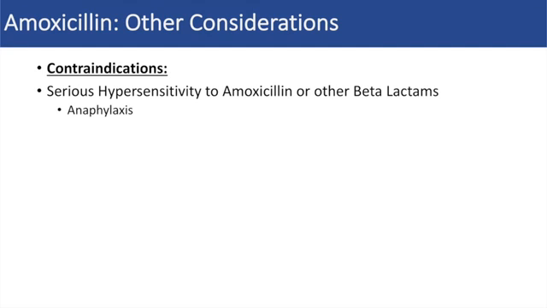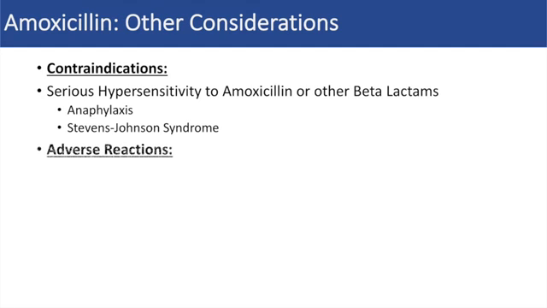These types of hypersensitivity could include anaphylaxis or Stevens-Johnson syndrome. So if the patient has presented previously with these types of hypersensitivity to amoxicillin or other beta-lactam antibiotics, we would not use amoxicillin.